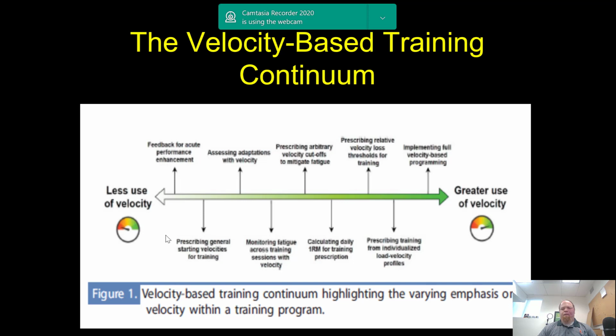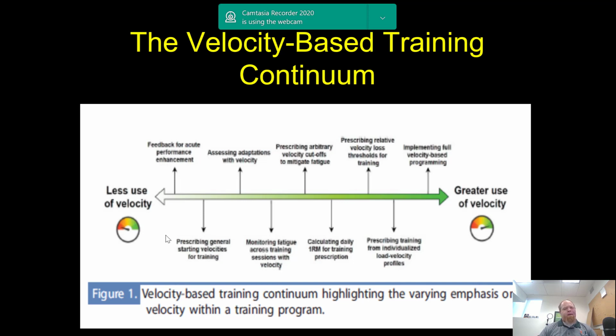Basically, what we know is that velocity loss is fatigue, right? And the less fatigue that you induce, the more you sit on the, shall we say, neural side of the adaptations, and you're not fatiguing all the type 1 fibers. So we're sort of mitigating fatigue.